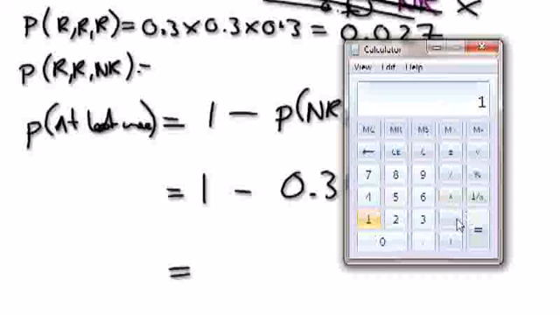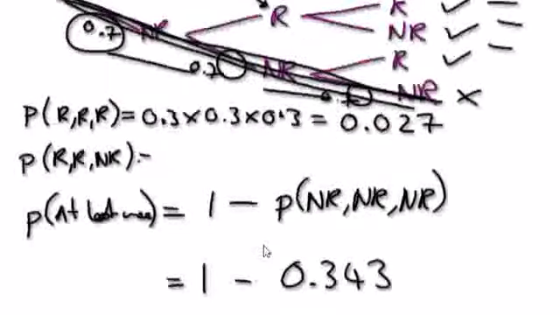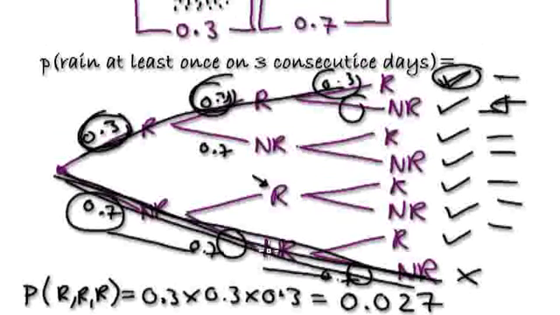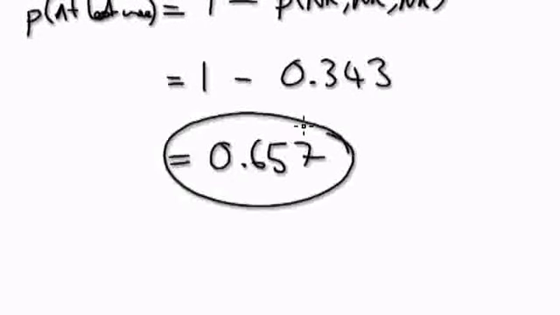So 1 take away 0.343 equals 0.657, was it? Yeah. So the probability of it raining at least once is given by this here.